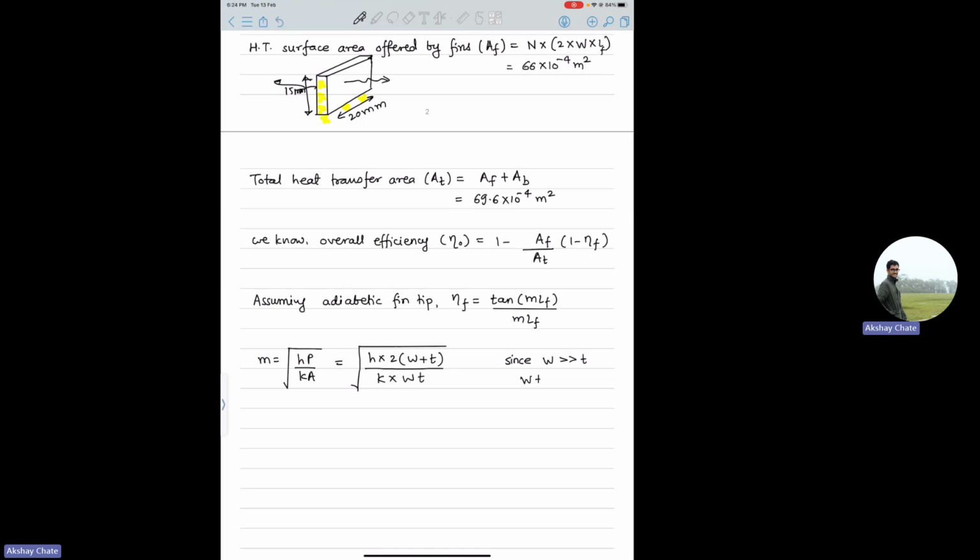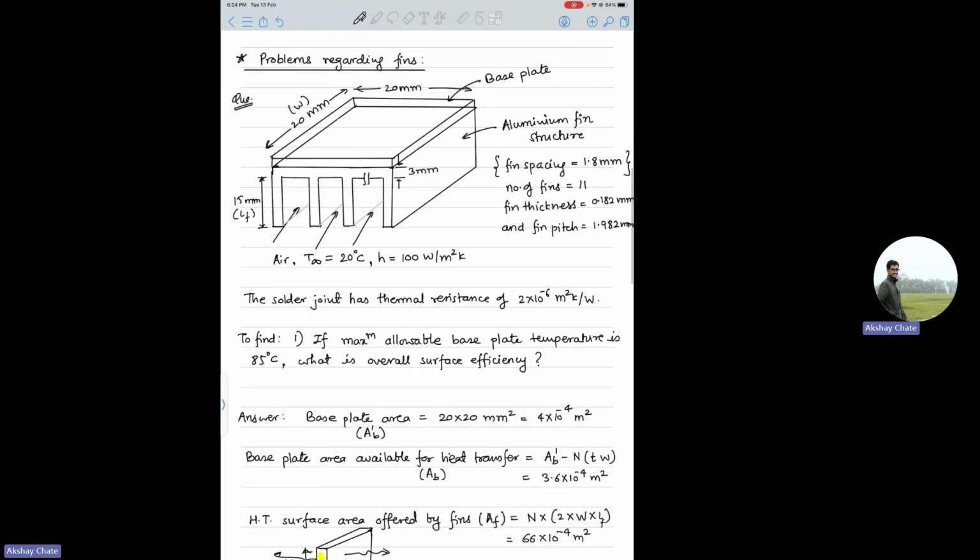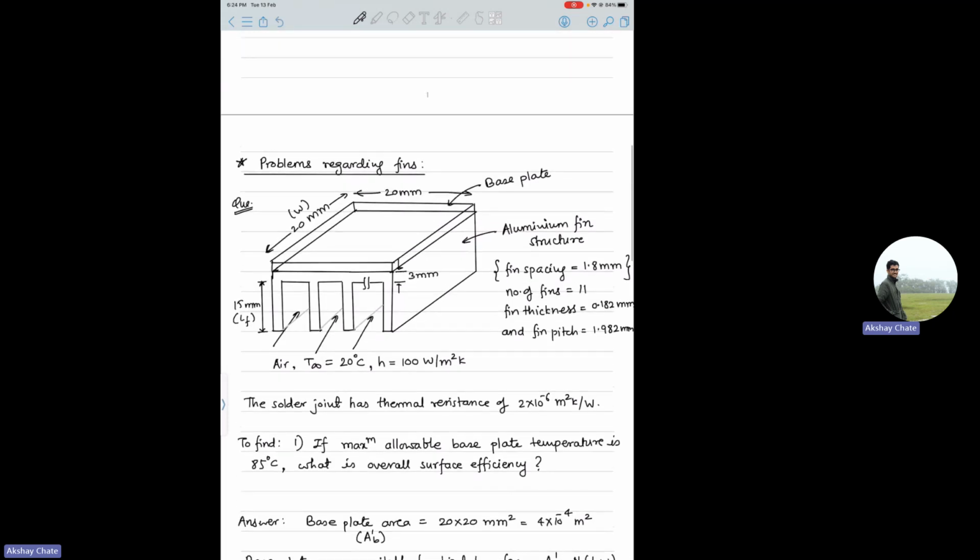W plus t approximately becomes equal to w, and then you can cancel w in the under root square sign, and then you're left with 2h by kt. And if you do this calculation, you should get something around 78, because you know h, you know k. Did I mention K?